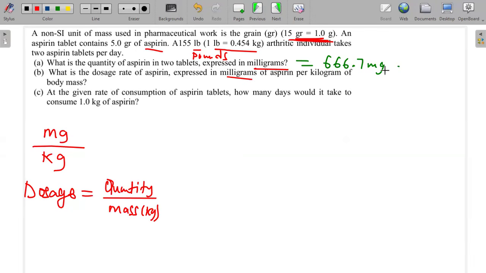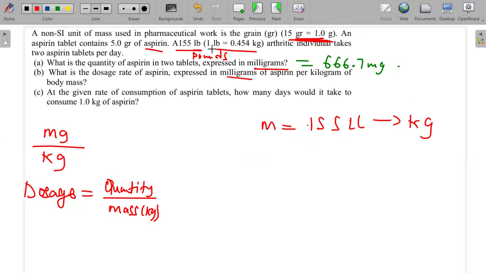So the quantity is already in milligrams. I just have to change the mass that was in pounds, 155 LB, to kilograms.